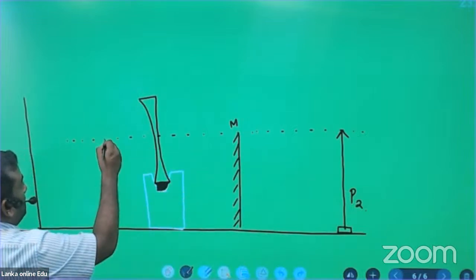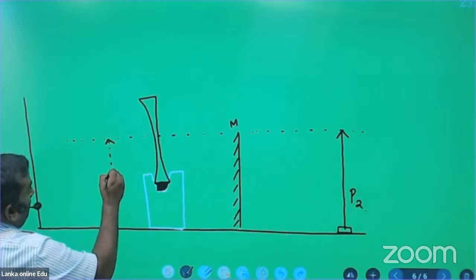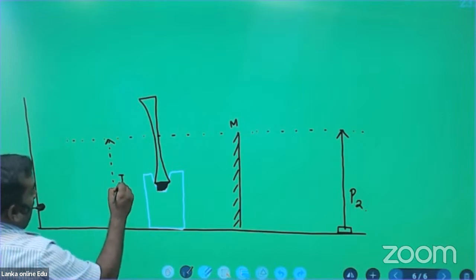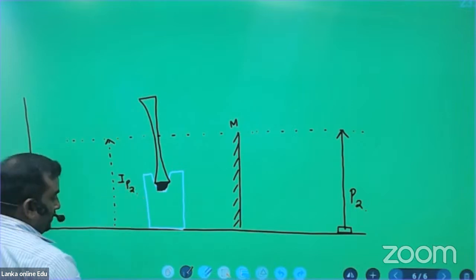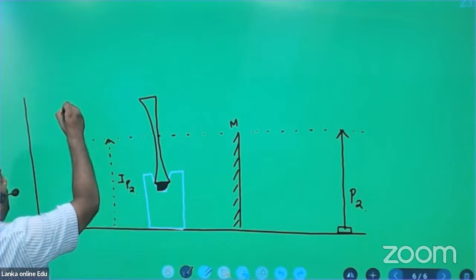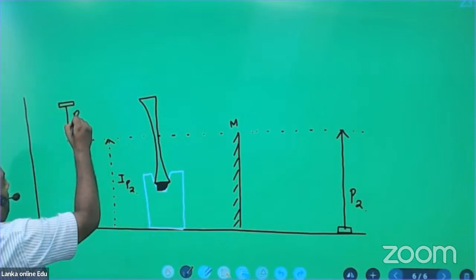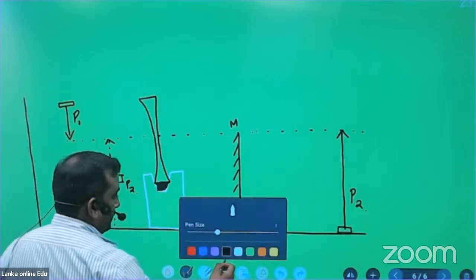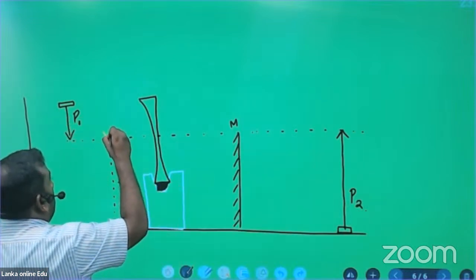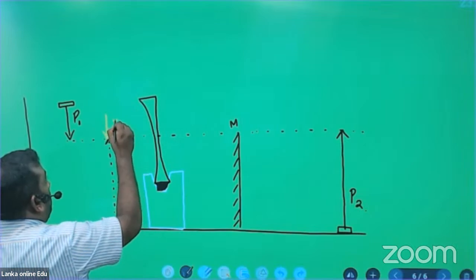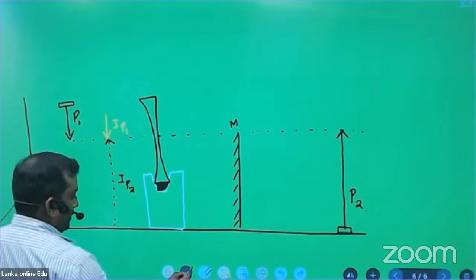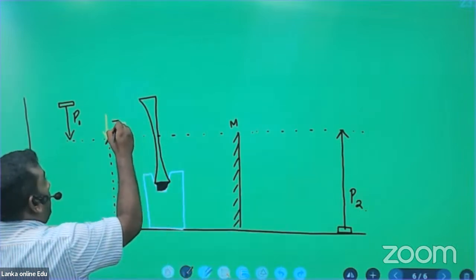Object distance, image is formed here, image of P2. Object pin P1 is hung here. Image of P1 is formed here.